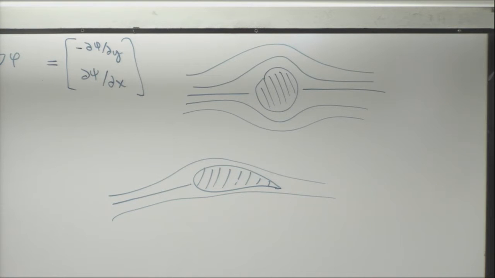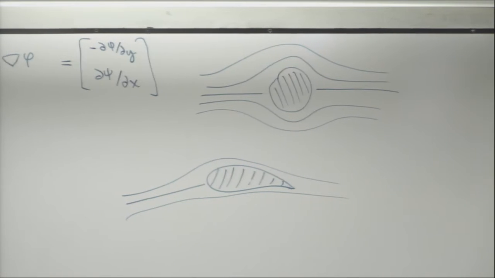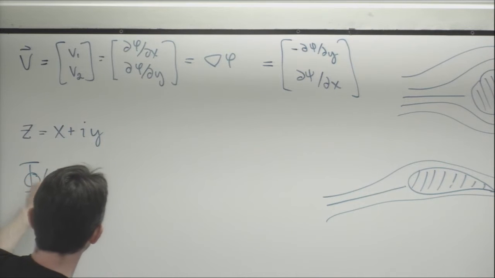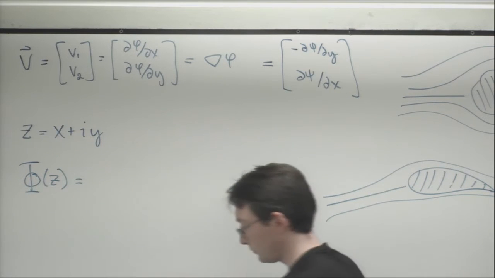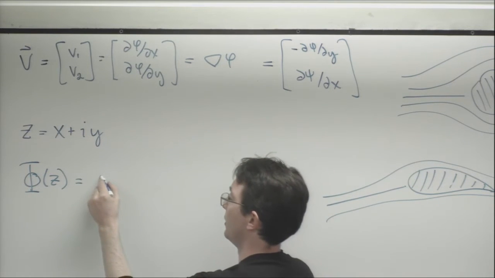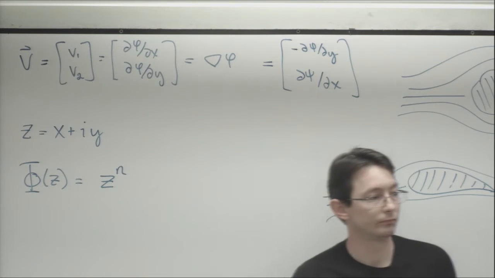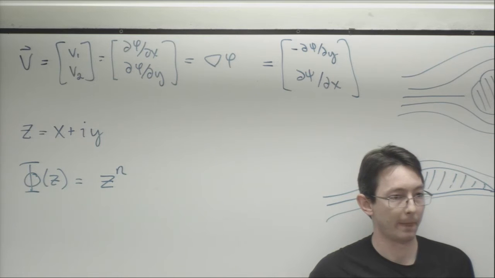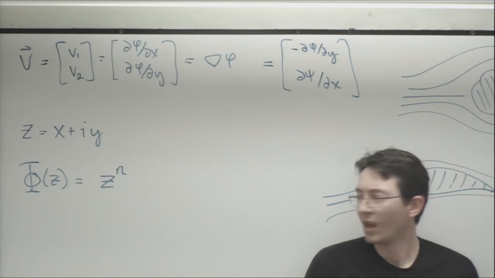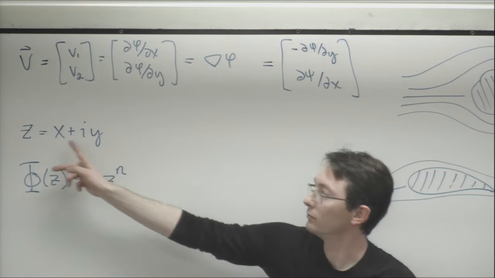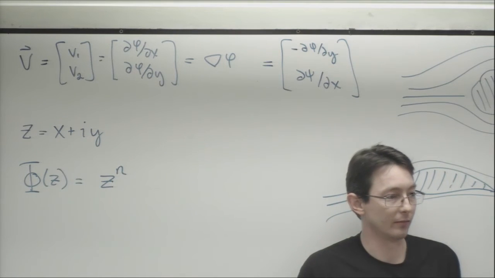Okay? So oftentimes what we're going to do is take some complex valued variable z, and we're going to say this complex potential is equal to z to the n. Now, z to the n is not that complicated for a complex variable.